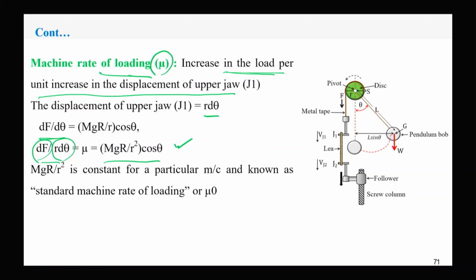So mgR by r square is a constant. If we treat it as a constant, then for a particular machine this parameter is known as the standard machine rate of loading, denoted by mu 0. It's called the standard machine rate of load.